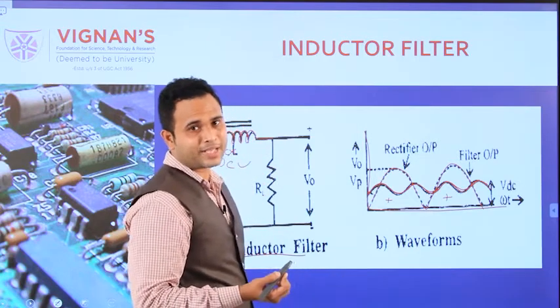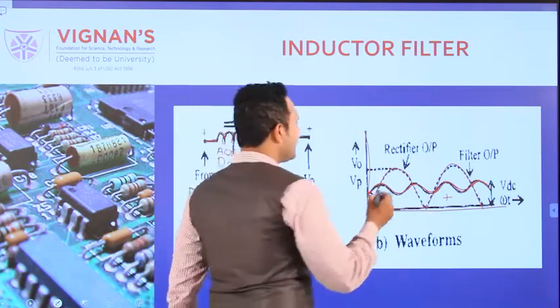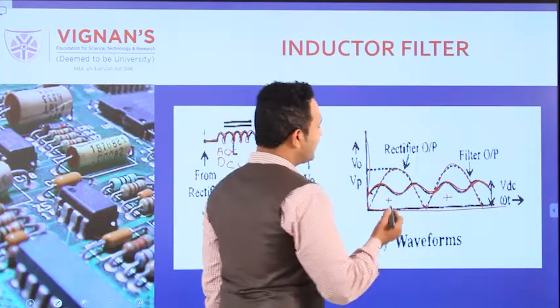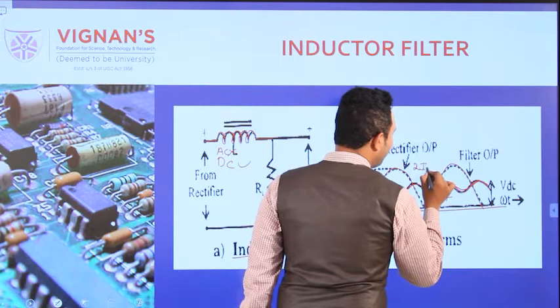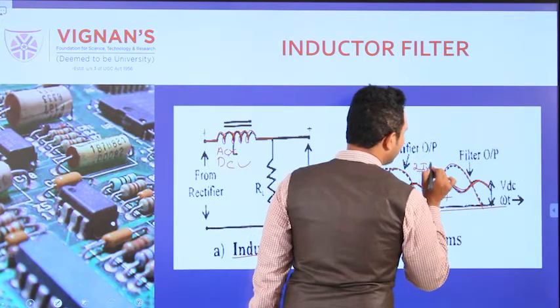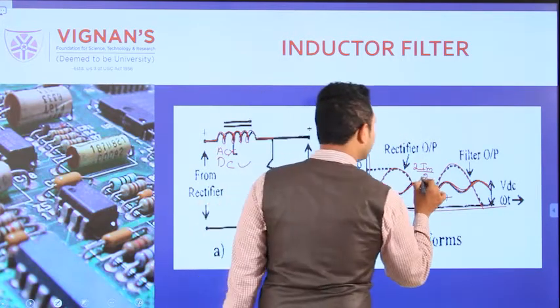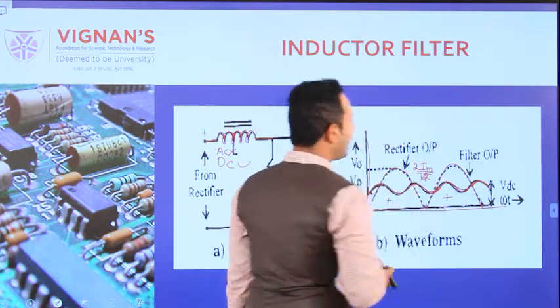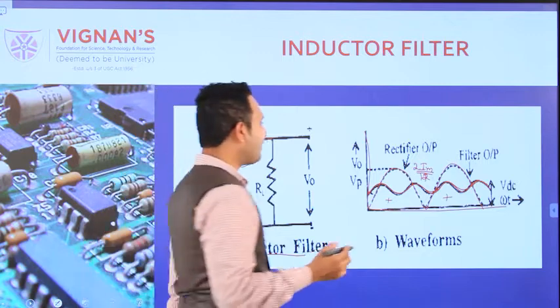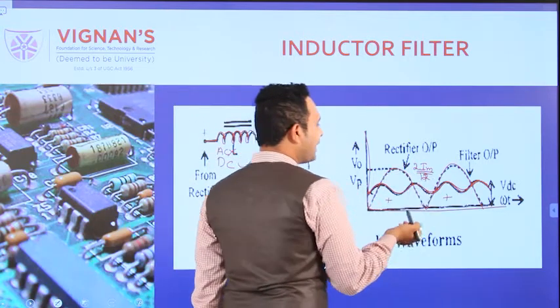So what is the equation of the current? Here our current equation is 2 Im by pi. Our maximum current is 2 Im by pi.